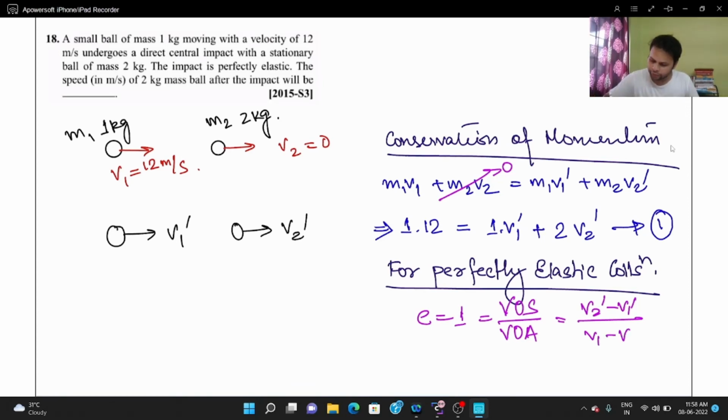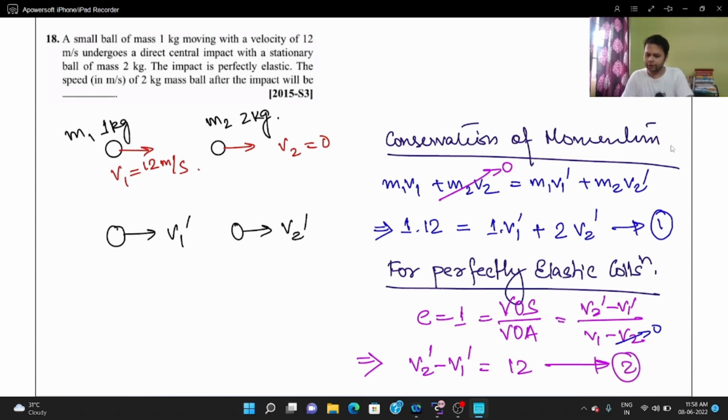So v2 is already 0, you know that it is equal to 0, and I can rewrite the equation like this. v1 is 12, so v2 dash minus v1 dash is equal to 12. This is equation number 2. So you can see there are two equations: v1 dash plus 2 v2 dash is equal to 12, and v2 dash minus v1 dash is also 12, right?